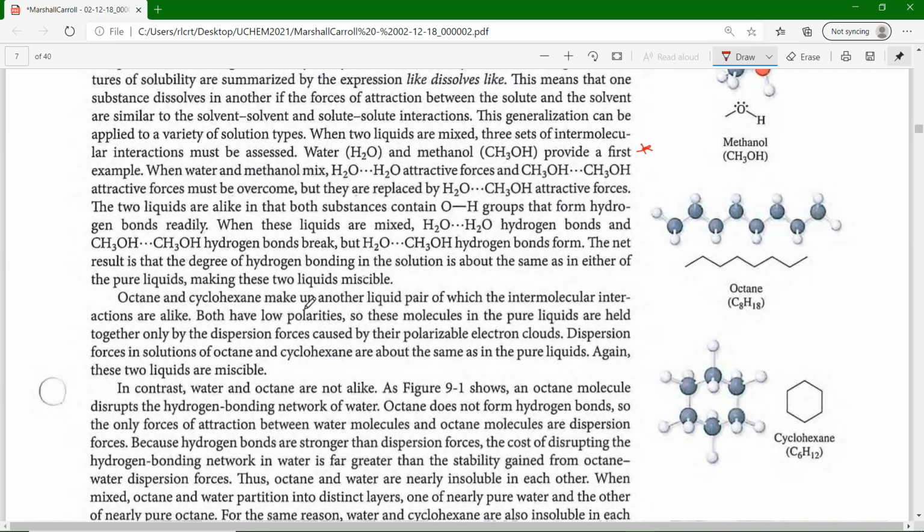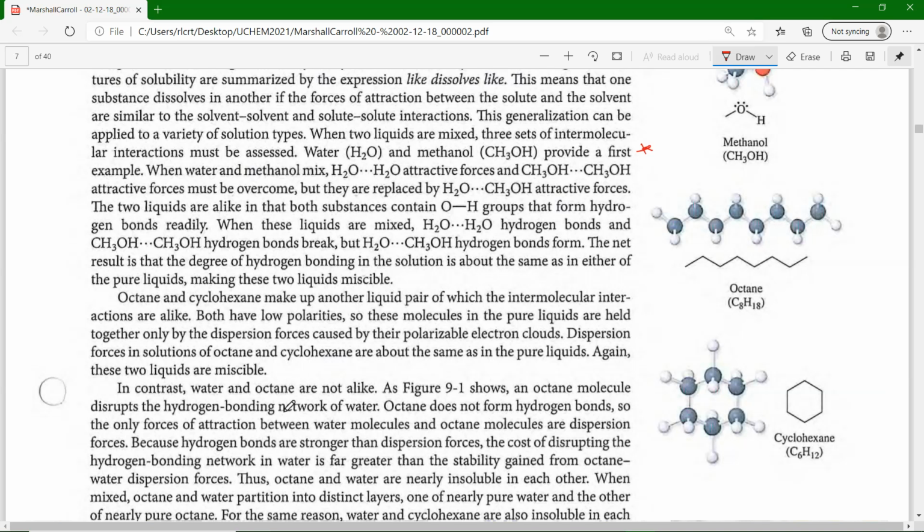Octane and cyclohexane are also low polarity, only have dispersion forces holding them together, and they're about the same values, so that makes them miscible. So if the values are around the same, it's miscible. Water and octane aren't though. Octane is a lot weaker than water, and octane doesn't form hydrogen bonds.